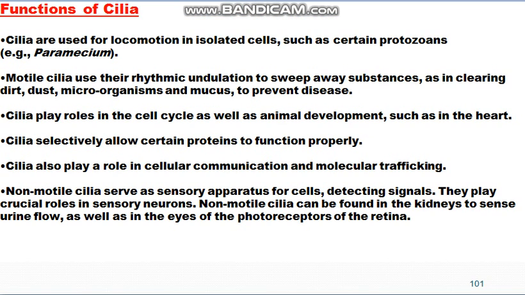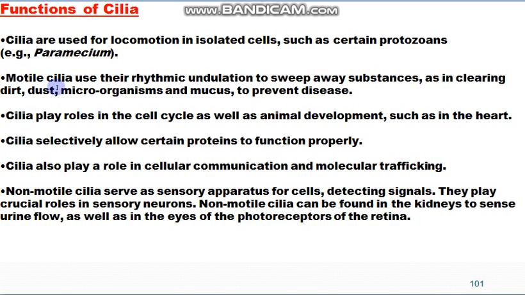Then we will talk about the function of the cilia. Now you know that cilia or flagellum basically have a locomotory function. Cilia are used for locomotion in isolated cells such as certain protozoans like paramecium. Paramecium is a protozoan, and it has cilia all over the body, and it moves with the help of the cilia.